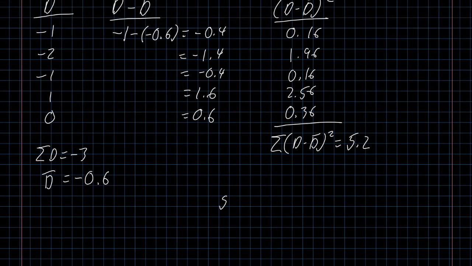And remembering the standard deviation formula, S is the square root of exactly this thing divided by n minus 1, which is 4 in this case. And when I punch that into my calculator, I get 1.14.